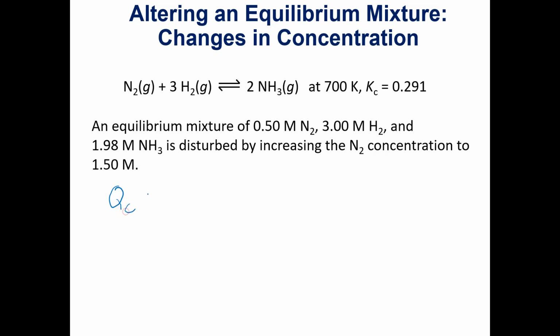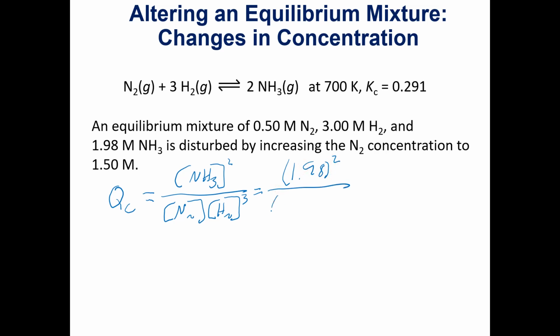If we write our expression for Qc, NH3 is our product, and N2 and H2 are our reactants. We have a concentration of 1.98 molar for our ammonia, and now we have a concentration of 1.50 for our N2 and 3 molar for our H2.